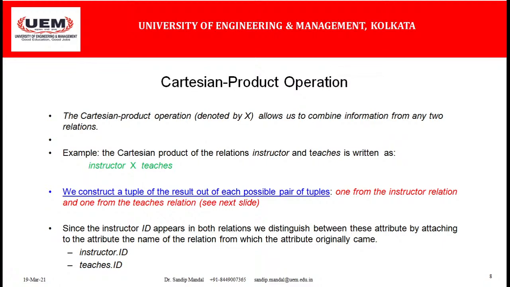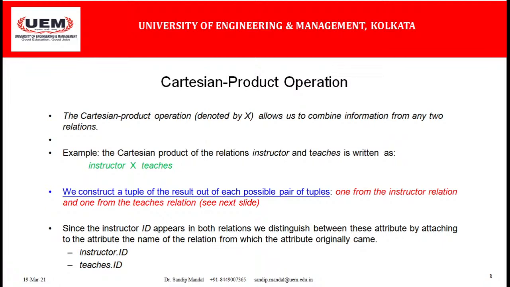Cross product means that for each tuple from the first table, we construct a result tuple out of every possible pair of tuples. Each tuple from the instructor table is mapped with each tuple from the teachers table, meaning a one-to-one pairing. If the first table has a total of 5 tuples and the next table has 10 tuples, then 5 into 10, a total of 50 new tuples, must be generated.